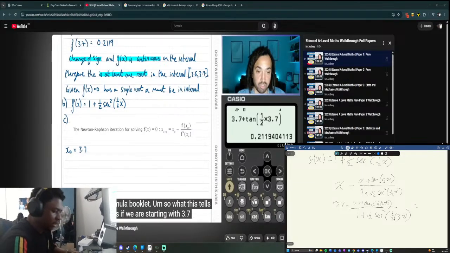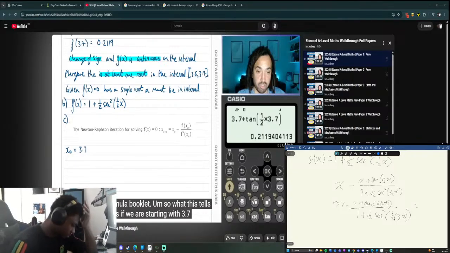What? How do I do sec squared on a calculator? Is it like the inverse of cos squared?